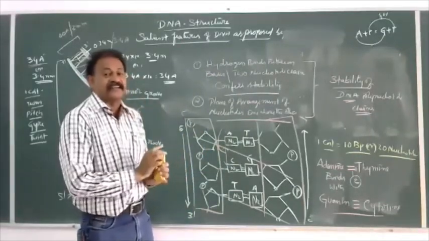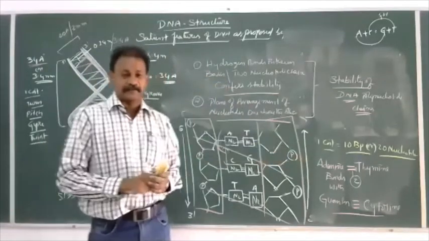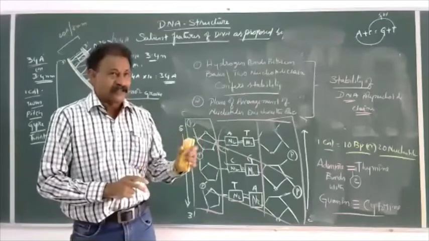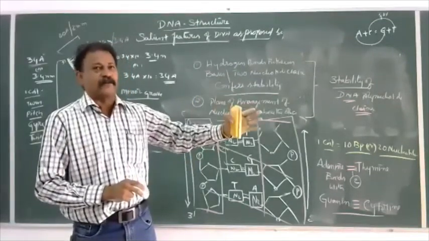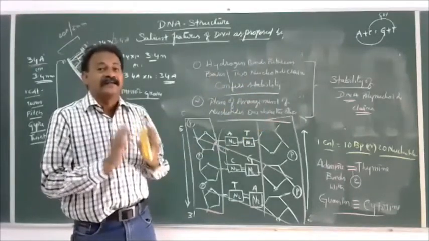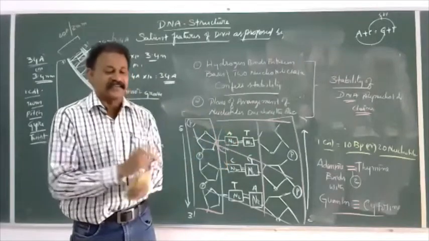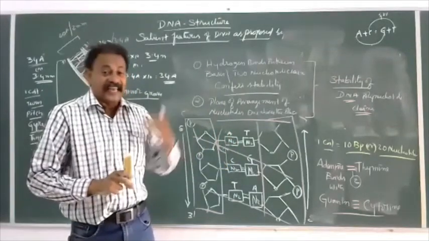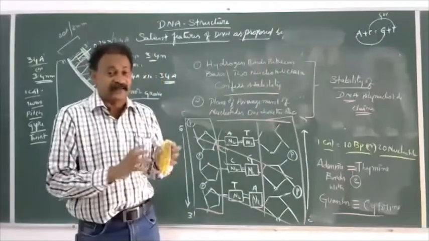always constant for a particular species, according to Chargaff, a particular human species, or a particular plant or animal species. That ratio is constant, but it varies from one species to another; it is not compulsorily the same ratio in all species.